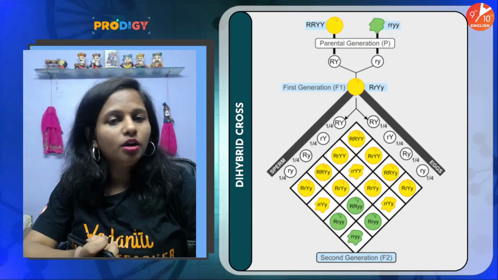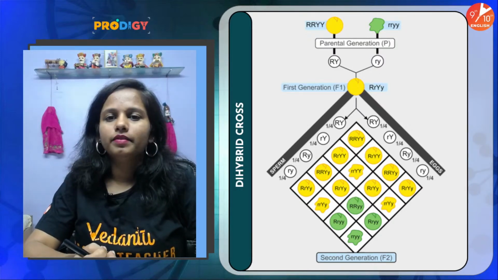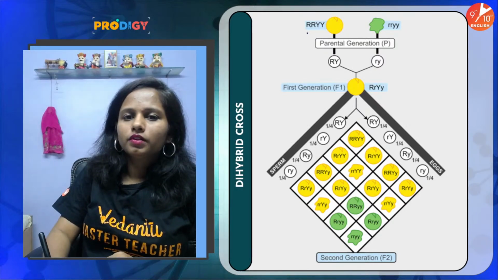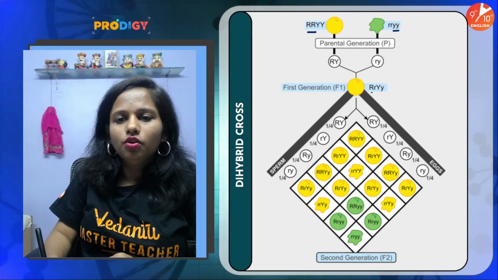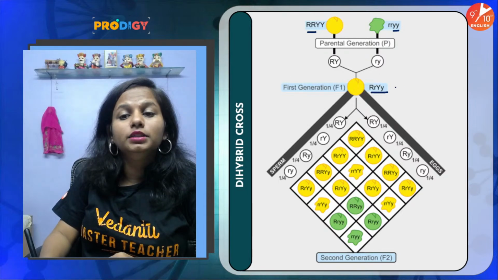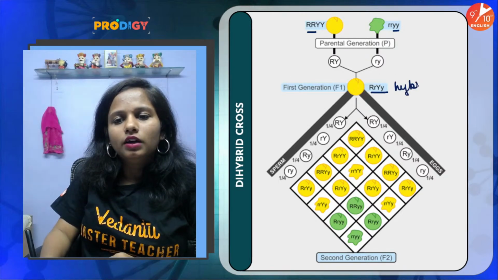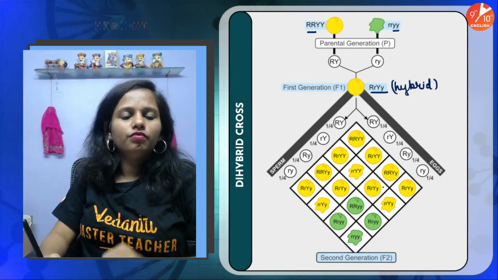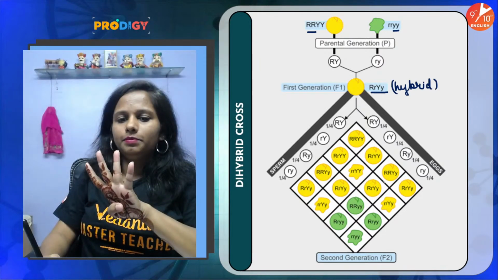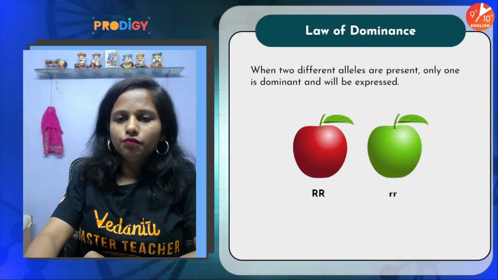Now guys, when we talk about the dihybrid cross, round yellow and wrinkled green, when crossed, we got all seeds hybrid round yellow. On sketching the Punnett square, we got 4 phenotypes. Which were they?